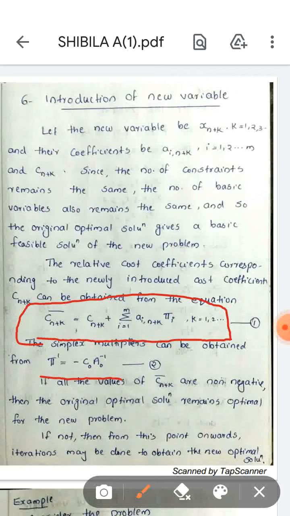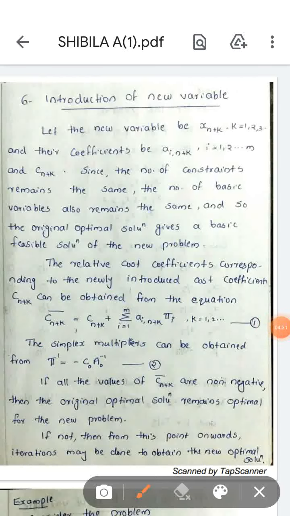Here, if all the values of c(n+k) bar are non-negative, that is, the relative cost coefficients are non-negative, then the original optimal solution remains optimal for the new problem.